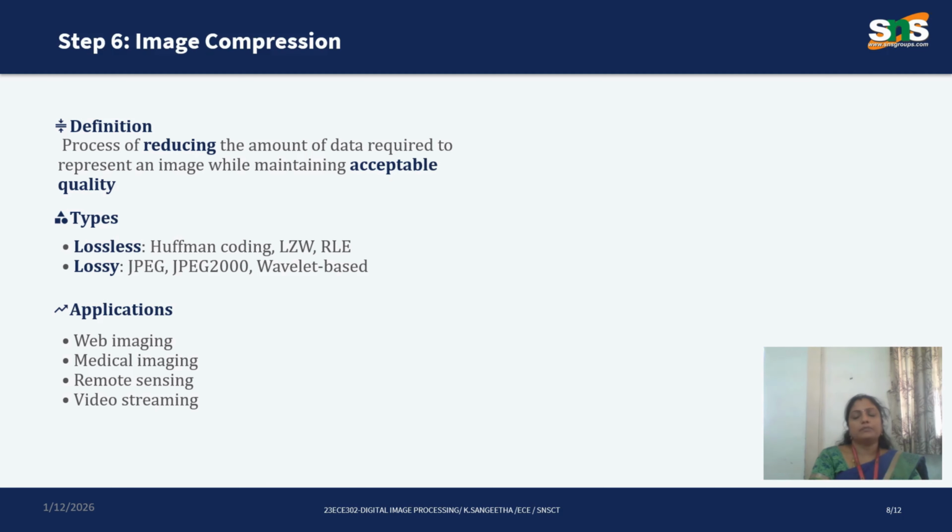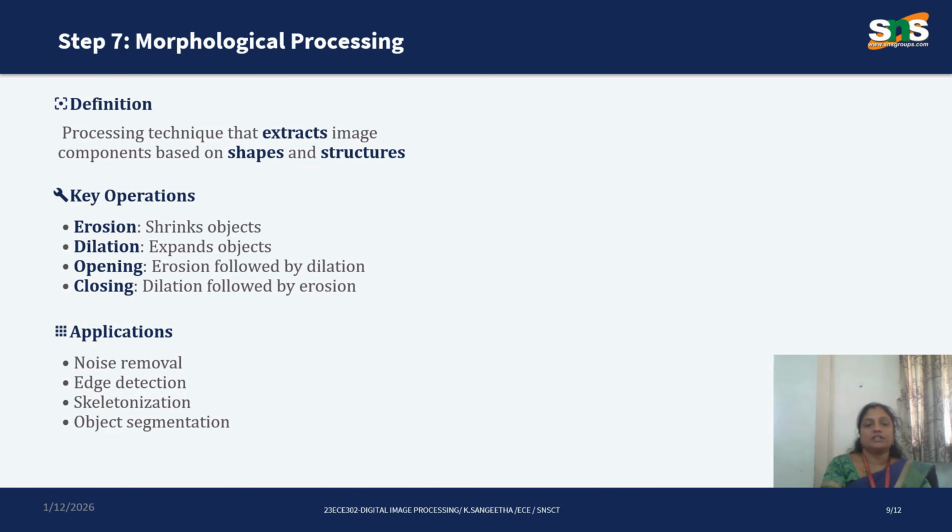Using this compression technique, we can reduce the storage space also. There are two types of compression: lossless compression and lossy compression. For example, in medical imaging, we can use only lossless compression because we need every detail for perfect diagnosis of the disease. And the next step is morphological processing.